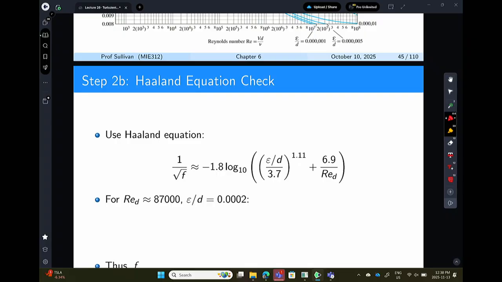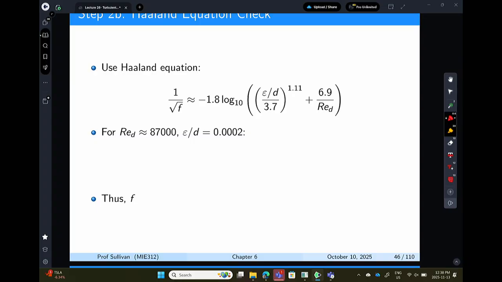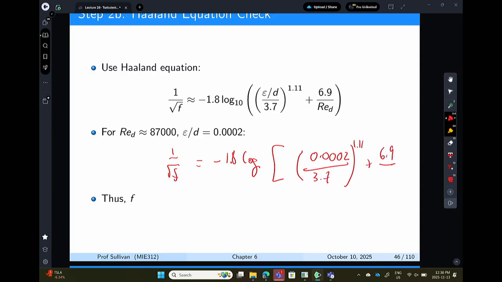So if I do that, I can use the Haaland equation, and I will get one over square root of f, which is equal to minus 1.8 log of (0.0002 over 3.7) to the 1.11 plus 6.9 divided by 87,000. And that's equal to approximately 7.18.